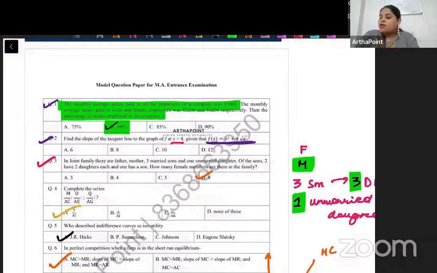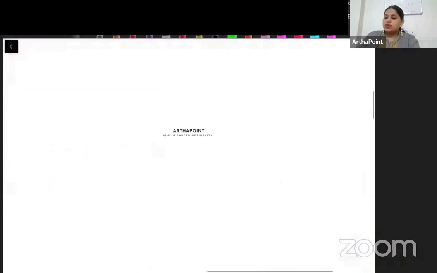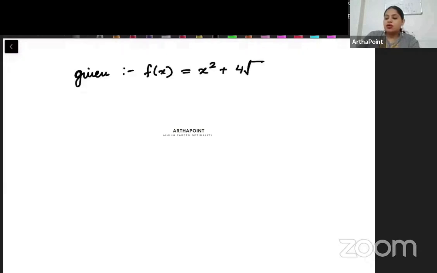Find the slope of tangent line to the graph of f at x is equal to 4, given that fx is x square plus 4 root x. So beta, it is given that fx is x square plus 4 root x.